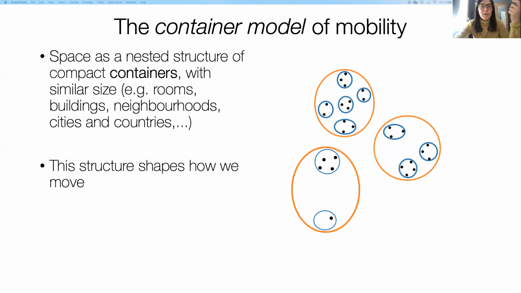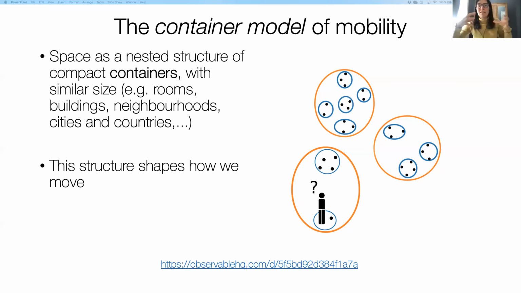Let's imagine we move in this space, and let's imagine this structure shapes the way we move, so that whenever an individual is located somewhere, to decide where to go next, it will basically prefer a closer location that is in the same container instead of traveling to another container, so that there's a cost associated to travel to a different container.